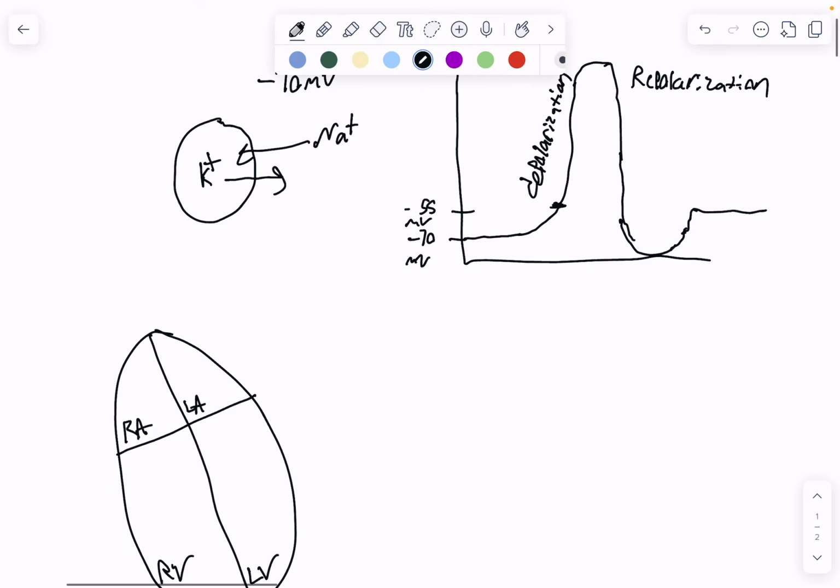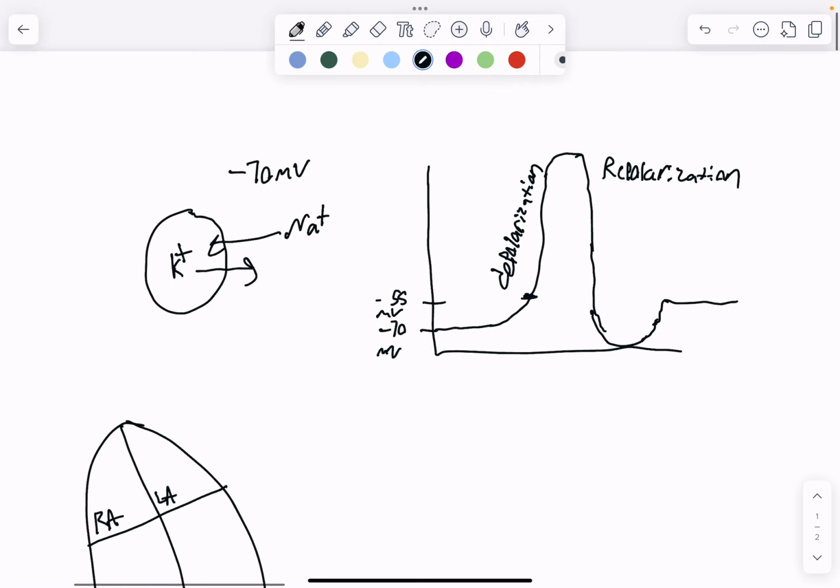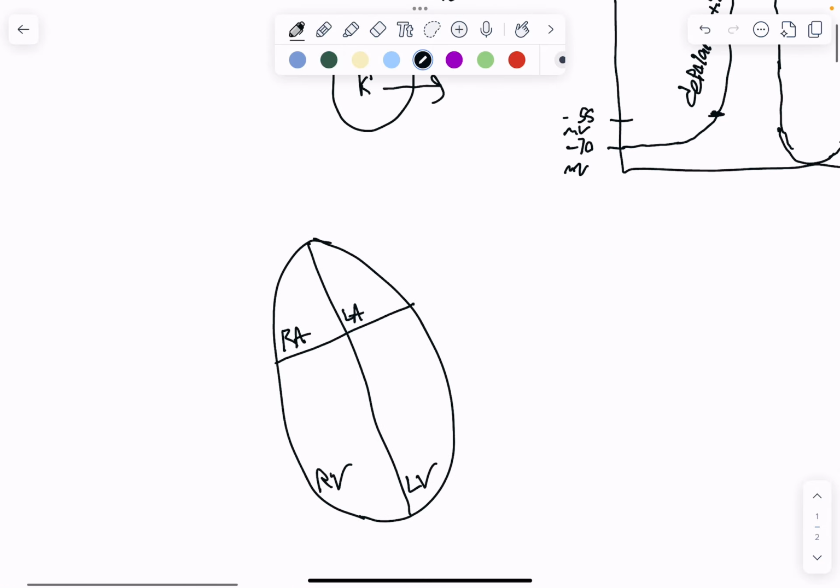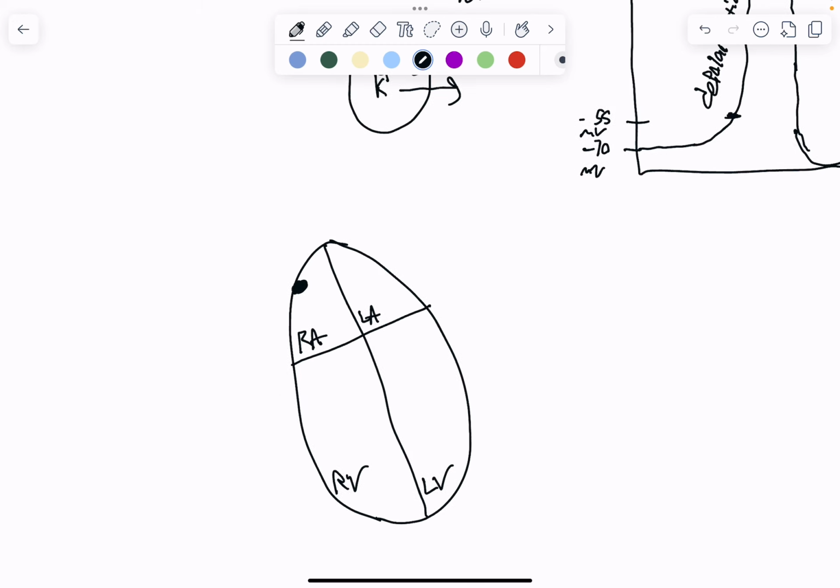And so this electrical activity up here is monitored by the SA node in the right atrium that spontaneously depolarizes at a rate of about 100 beats per minute.